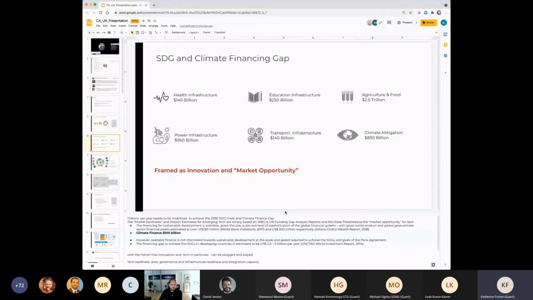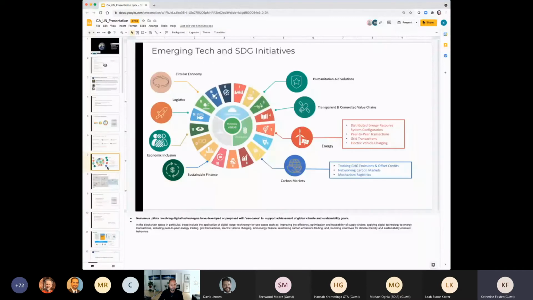And the notion of innovation in tech in particular is that we can just plug and play. But tech is an evolution and an ecosystem build, and that's not really represented in the way we're doing innovation. In terms of emerging tech and blockchain in particular, we're seeing clusters of pilots and other initiatives that have been developed with myriad use cases to support global climate and sustainability goals, particularly in these clusters of energy, circular economy, and carbon markets.